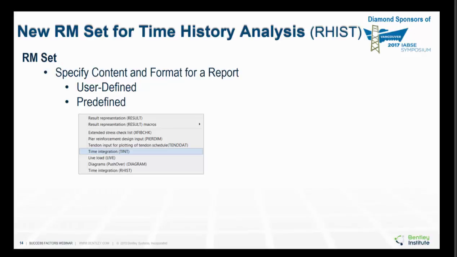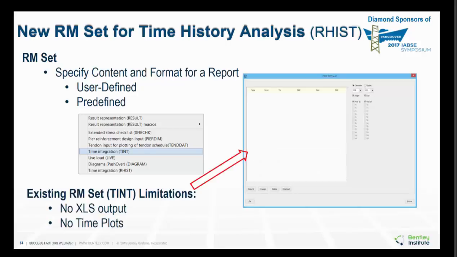Currently, we have time integration teams to use for time history analysis. There are some limitations in this RM set. Basically, we don't have XLS output and no time plots, and we cannot plot multiple diagrams.